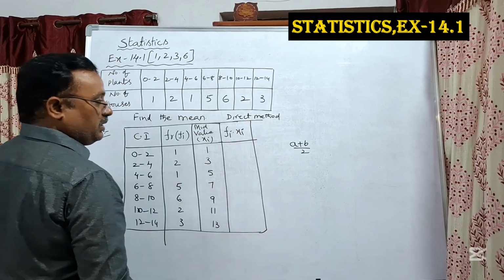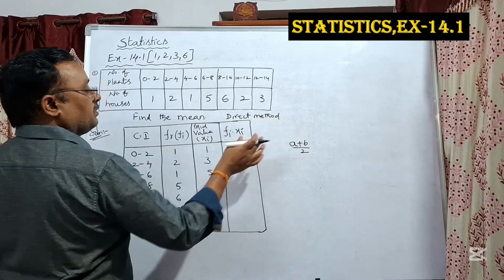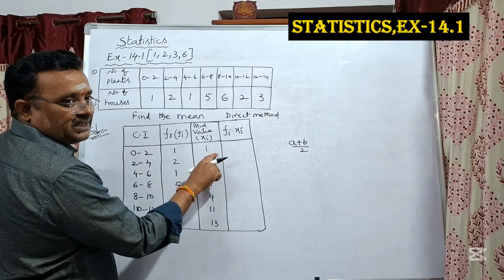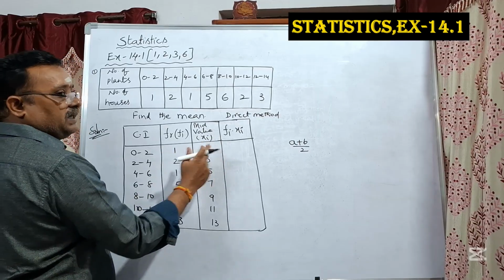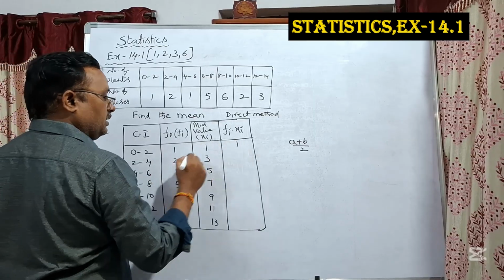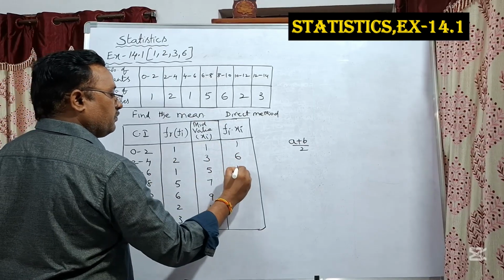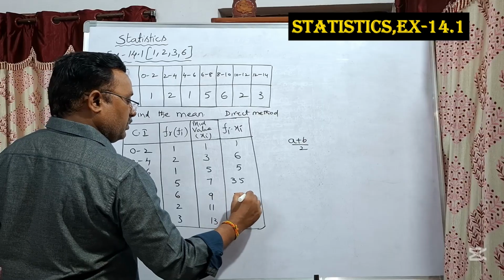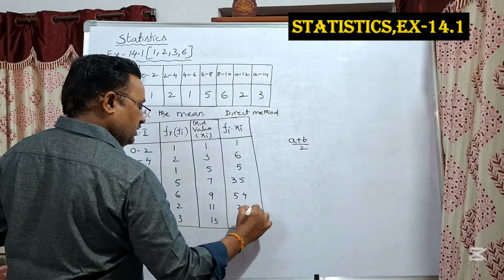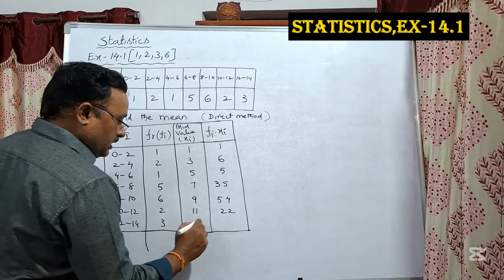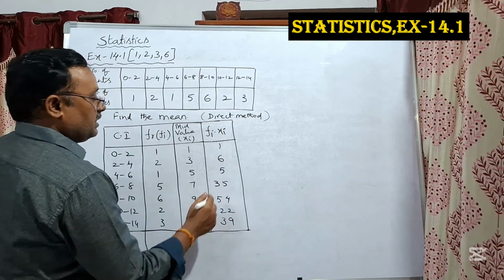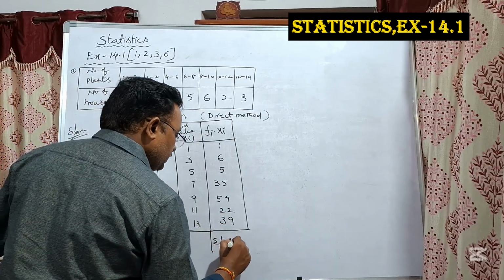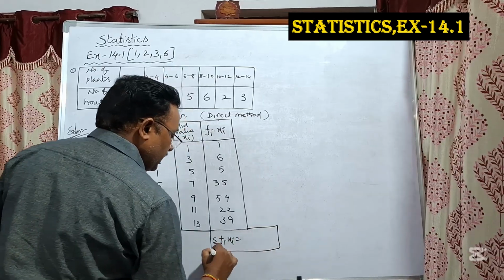Here fi means the frequency, f1, and xi is x1, so fi into xi just means multiplying them. 1 into 1 is 1, 2 3s are 6, 1 5 is 5, 5 7s are 35, 6 9s are 54, 2 11s are 22, and 3 13s are 39.